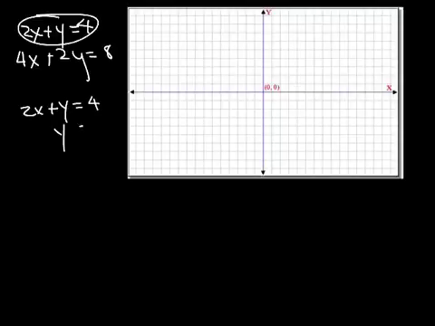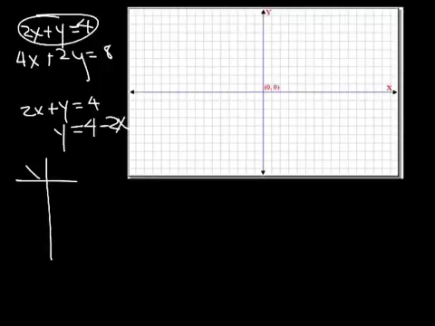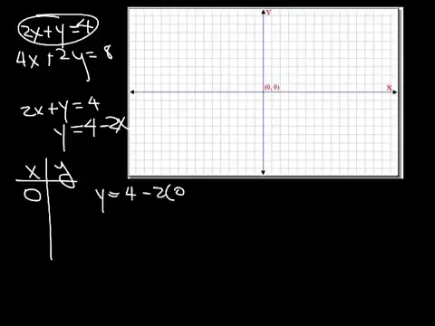I'm going to set it equal to y. Subtract 2x from both sides. And now we can do this, and we'll put 0 in here. And when we put 0 in there, we get 4 minus 2 times 0, which goes away because that's 0, so our y is 4.